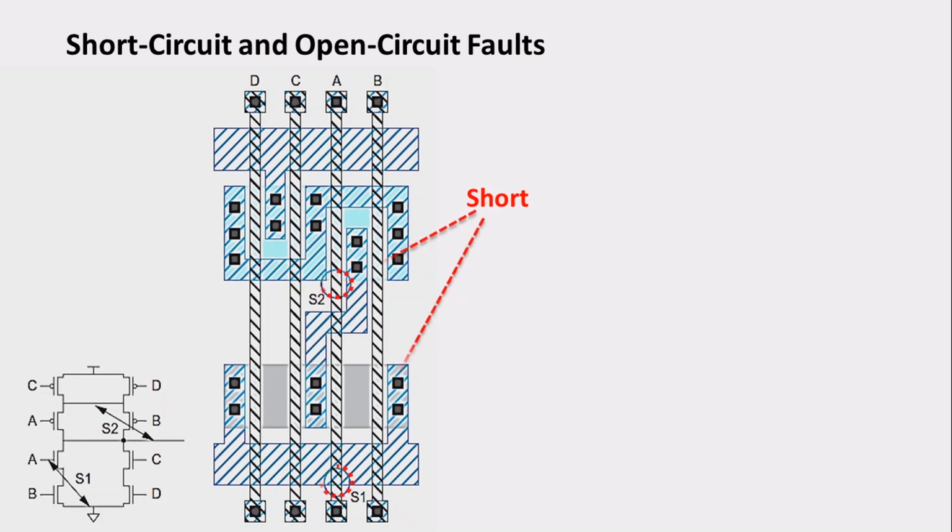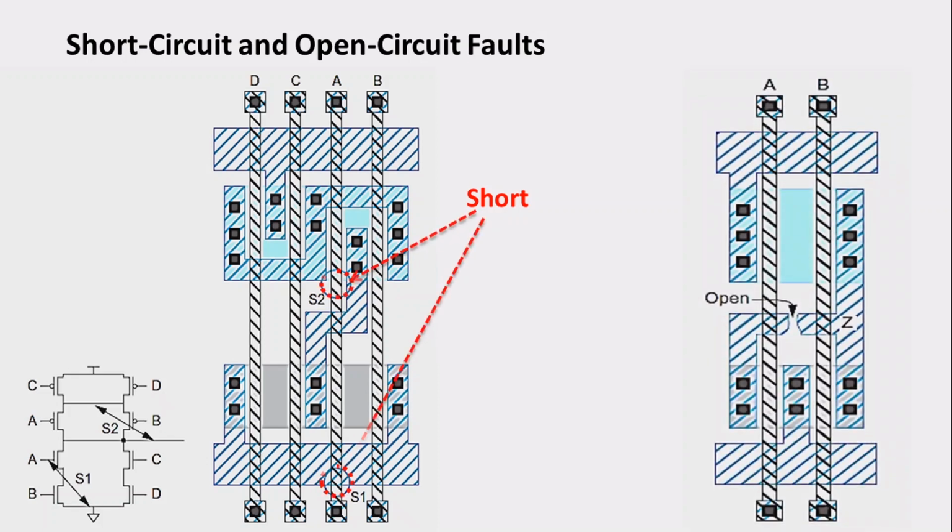In a similar fashion, here you can observe an example for open circuit. This is a layout for a NOR gate. If you look at the NOR gate expression, we are going to have negation of A or B. Here this is the output port which is being connected. But due to a manufacturing defect, this metal has not been connected over here. Now this is an open.